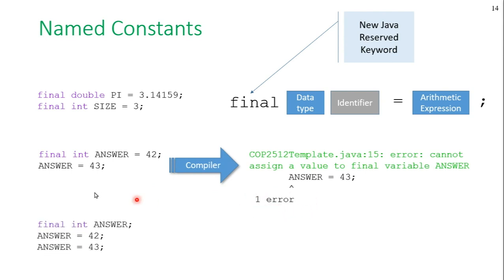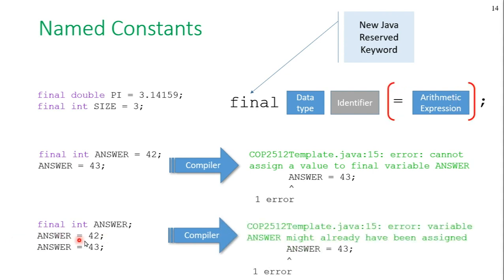We talked also about the fact that if you declare a final int answer variable, generally we refer to a variable declared as final as a constant. If you declare it but do not initialize it, then the compiler will allow you to assign one value to it, so answer equal 42 doesn't trigger a compilation error.